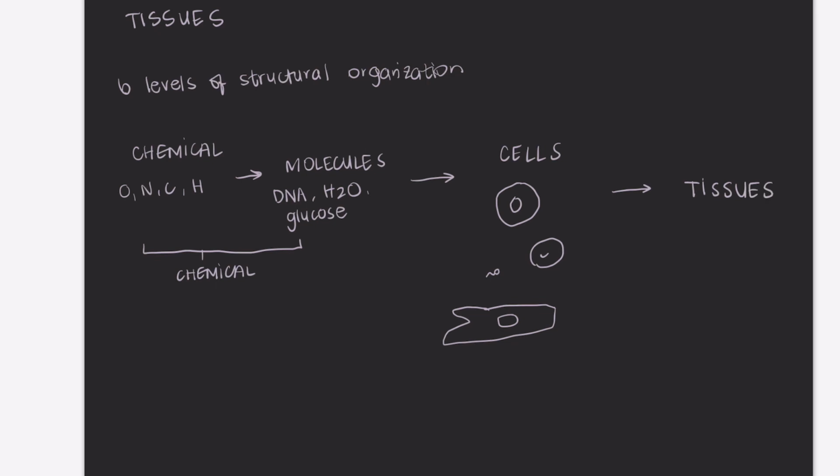We have 4 types of tissues. And I'm going to introduce them in order of how we're going to talk about them. First, epithelium. We're going to start off with that.